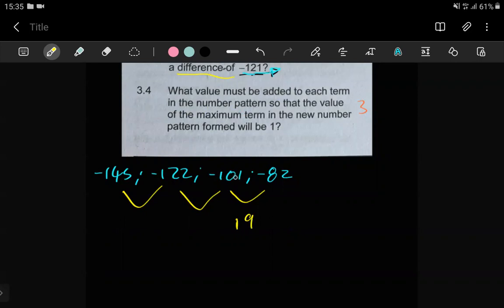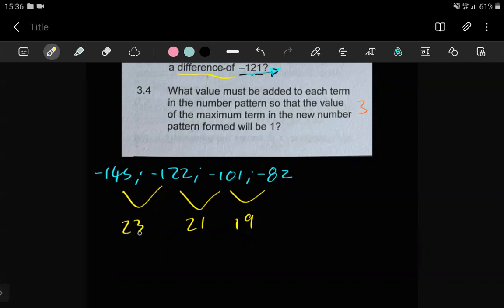And what is negative 101 minus negative 145? It was 21. And then what is negative 145 minus the previous one? It was 23.